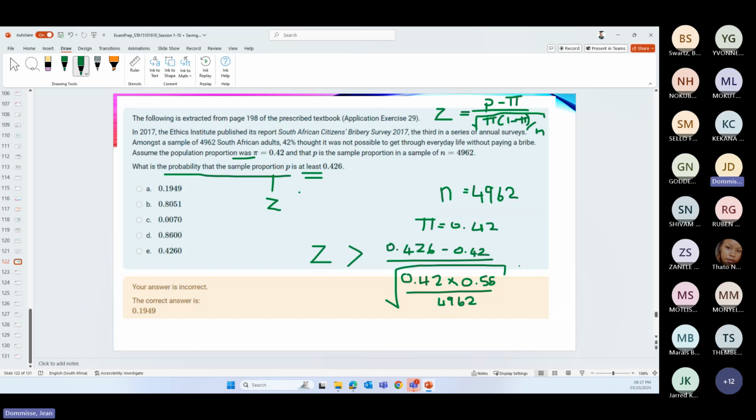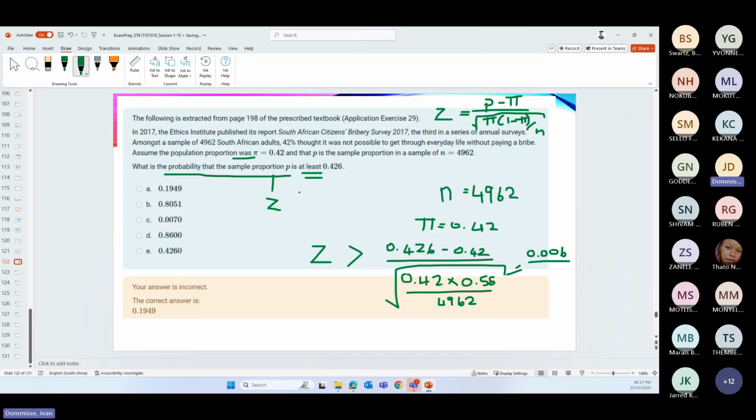Okay, so 0.426, let me use my calculator so that I'm not making a mistake with the decimal. 0.426 minus 0.42 is 0.006.